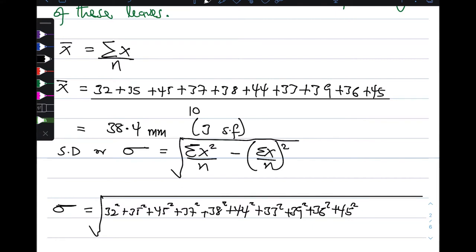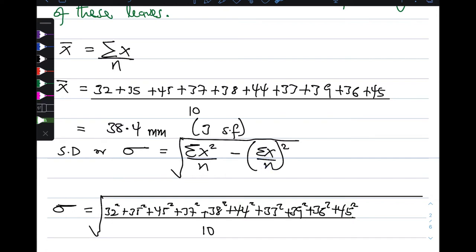Okay, so that is this bit of it. It says we should square all the x values and then sum them up, and that is what we have done. After that, we should divide by n. Now we know n is 10, right?